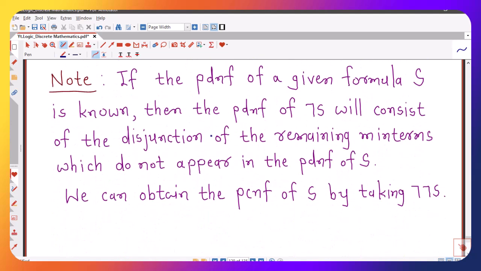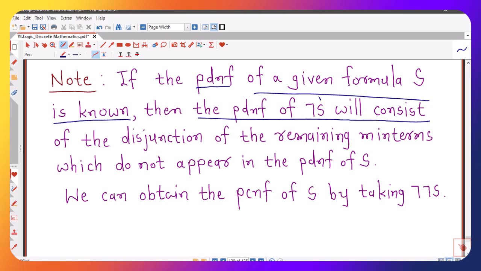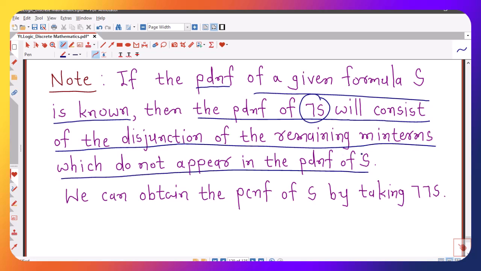That I have written as a remark here: if the principal disjunctive normal form of a given formula S is known, then the principal disjunctive normal form of negation S will consist of the disjunction of the remaining min terms which do not appear in the principal disjunctive normal form of S, and we can obtain the principal conjunctive normal form of S by taking the negation of negation S, which we have written here.